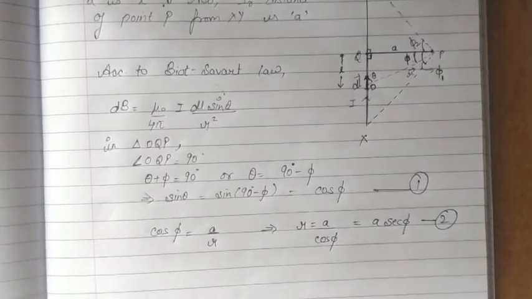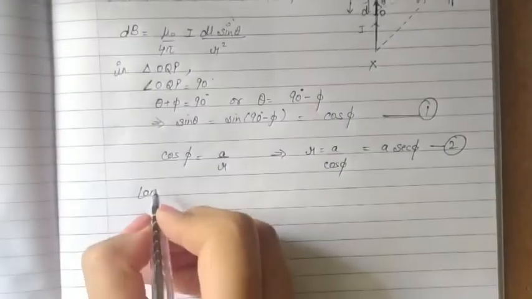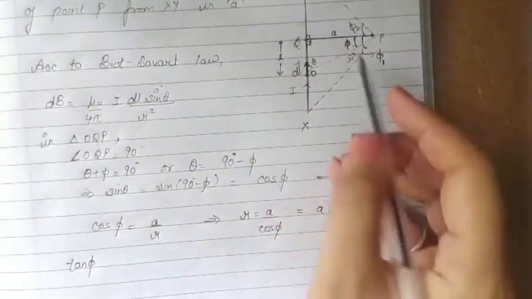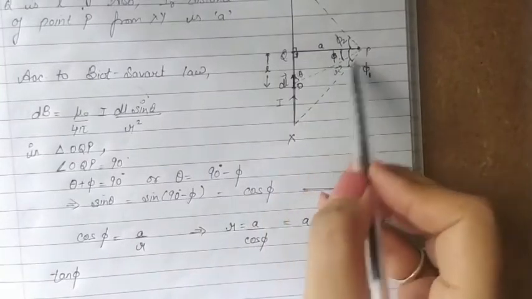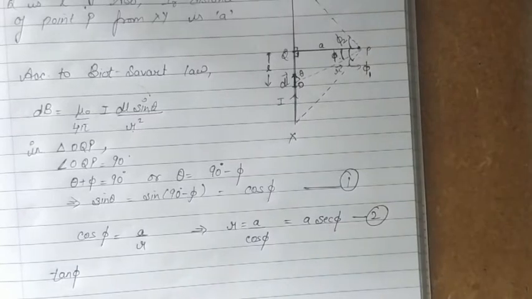For this I am going to calculate tan phi from the triangle OQP. Tan phi is equal to perpendicular upon base.